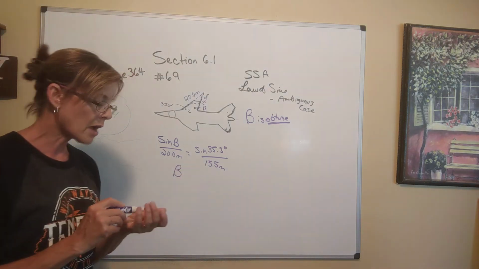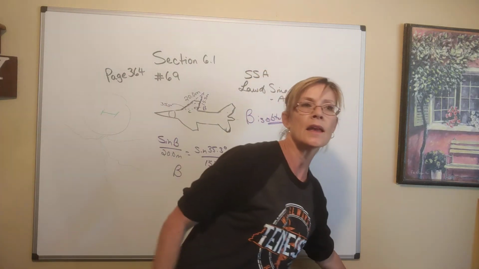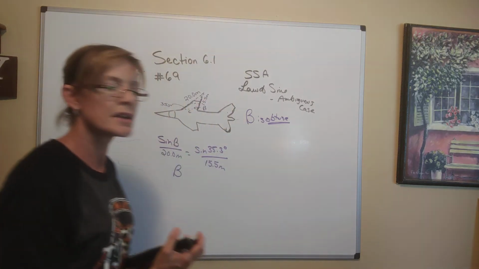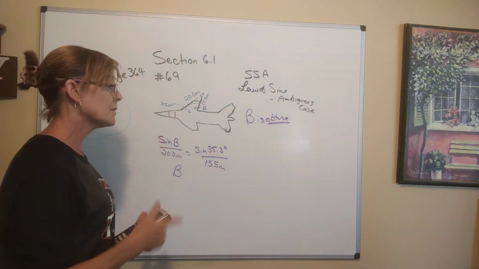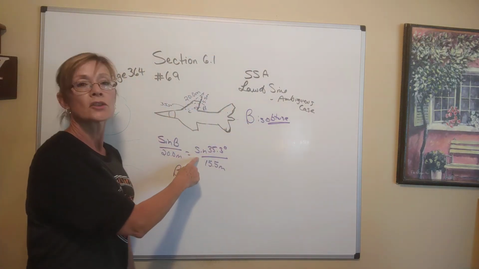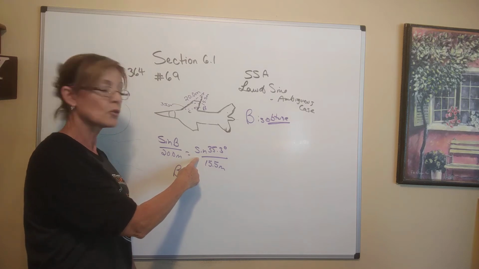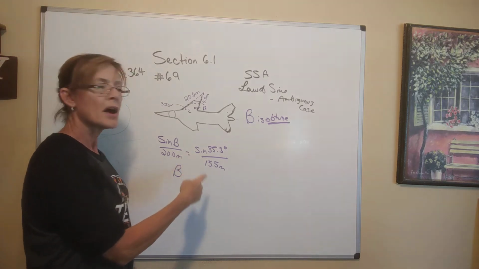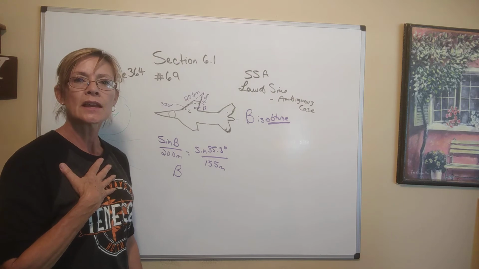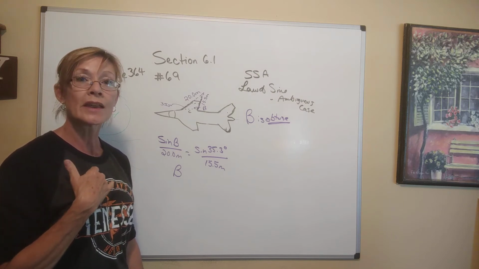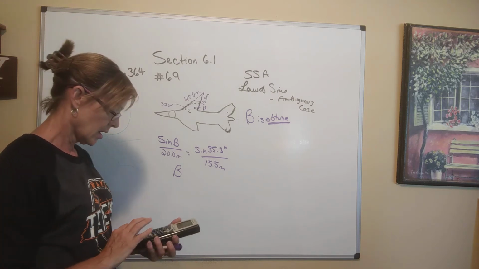And so I was doing this problem earlier, and I got a negative when I was trying to find the sine of beta, and I knew that could not be right because 35.3 is in quadrant 1, so I would only have positives. The reason I was getting negative was because my calculator was in radian mode, so make sure you're in the right mode.